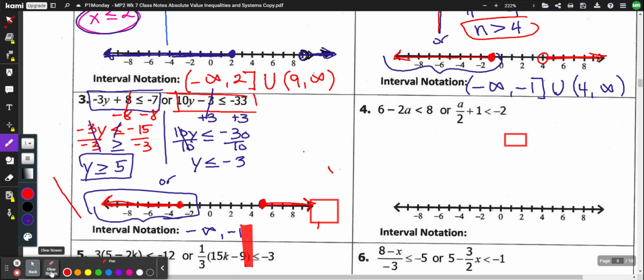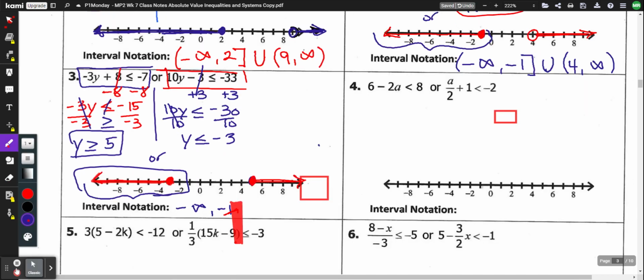What's going on? Still not working. What the heck is going on here? I don't know what's going on with this little square here. I don't know how that got there. I don't know how to take it off, but let's try to write around it.